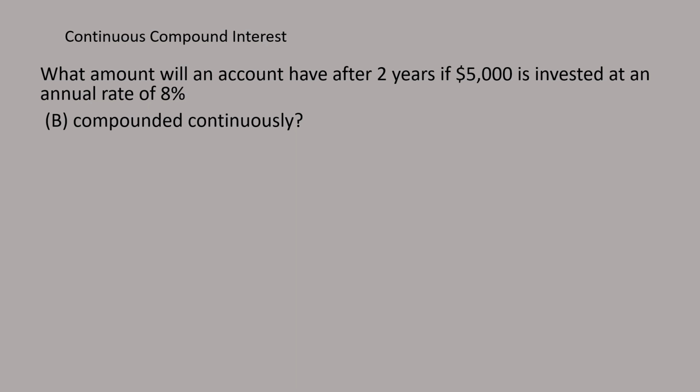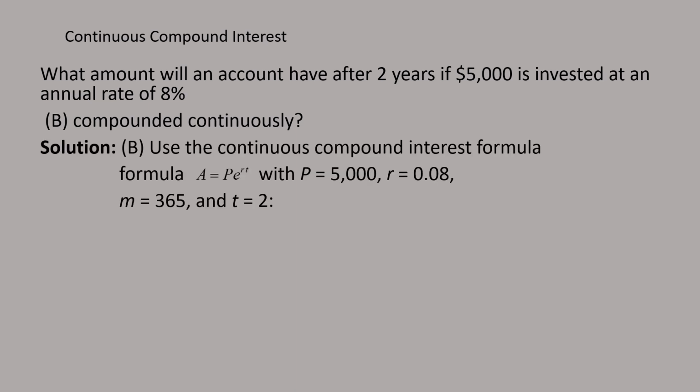Let's find the continuous compound interest in this case. What amount will an account have after 2 years if 5,000 is invested at an annual rate of 8%, which is compounded continuously? If you are interested in finding continuous compound interest, we use the formula A equals P e raised to rt.